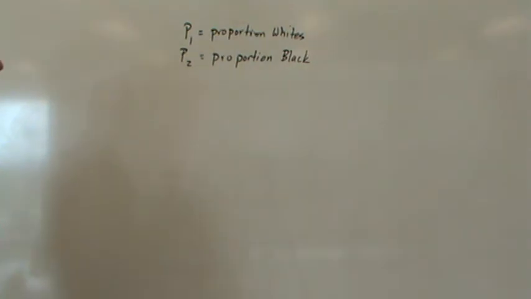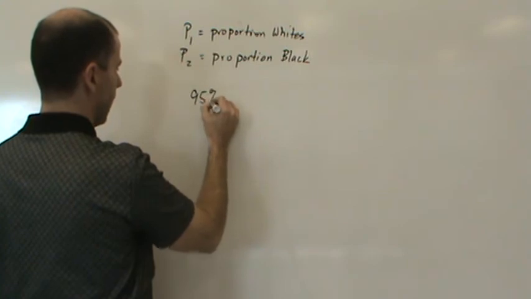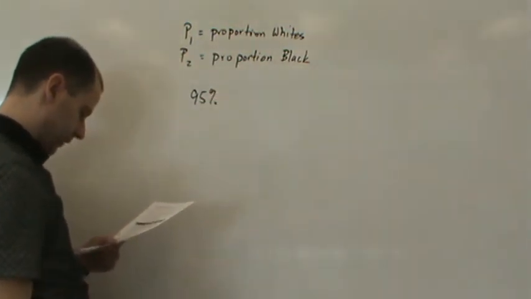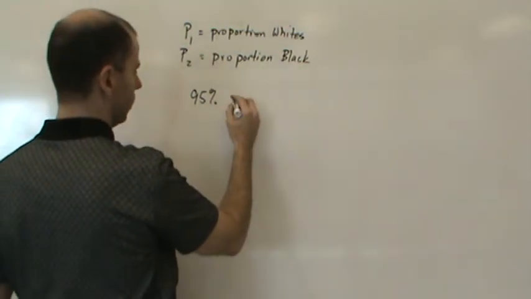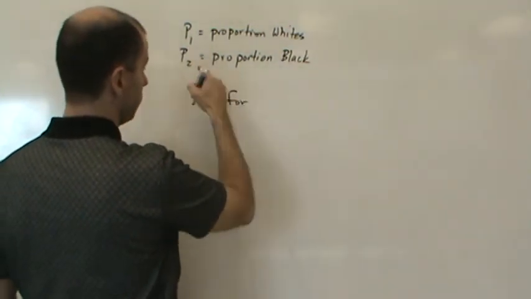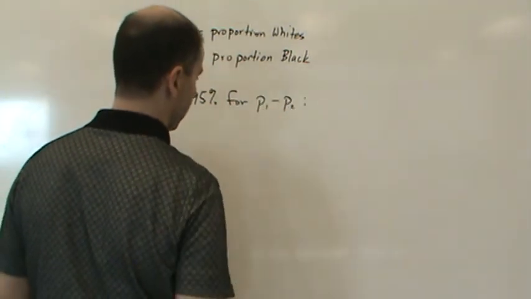Now they want a 95% confidence interval for the true difference between these, so P1 minus P2.